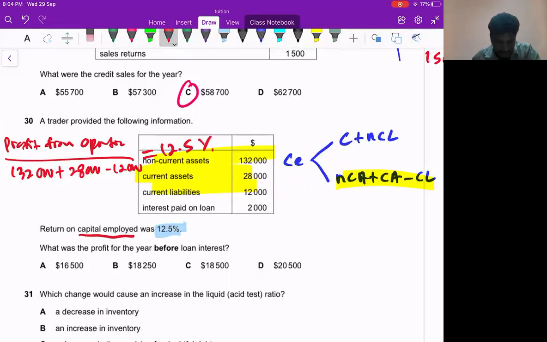So I calculate 132,000 plus 28,000 minus 12,000. So the answer is X over 148,000 equal to 12.5. So how much is X?